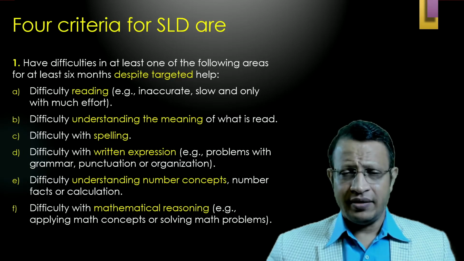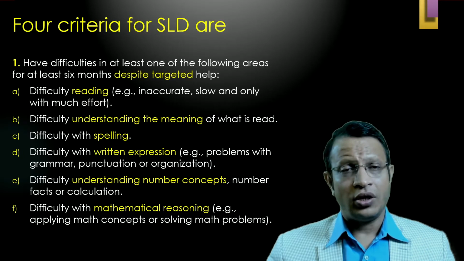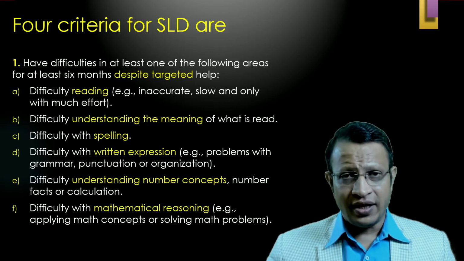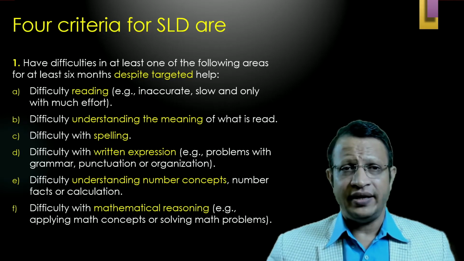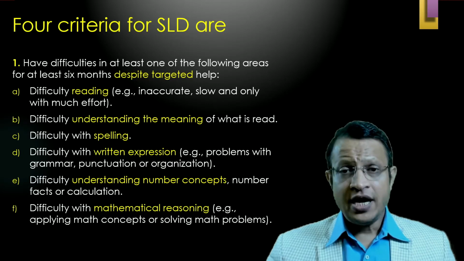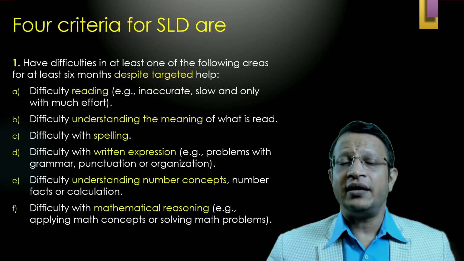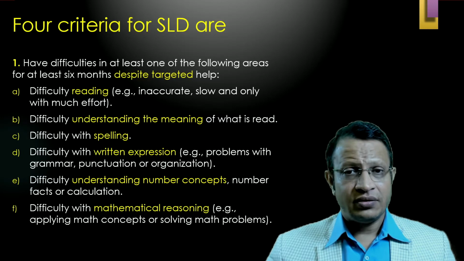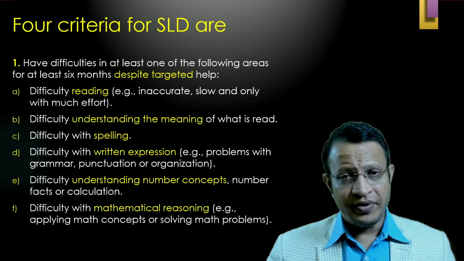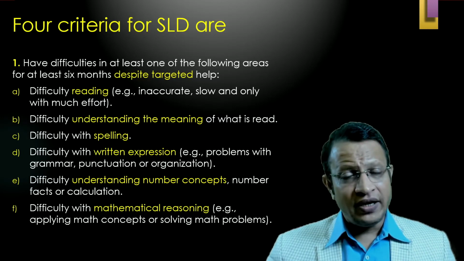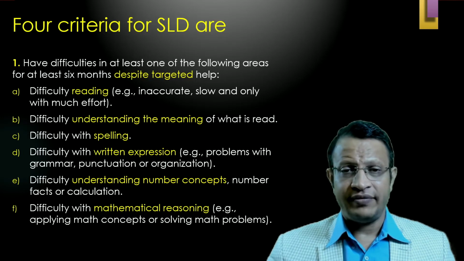The first criterion clearly says the child or the adolescent continues to have difficulties in at least one of the following areas for at least 6 months despite targeted intervention. That means you should have given some intervention. In spite of that, the child continues to have deficits in one of the following areas.